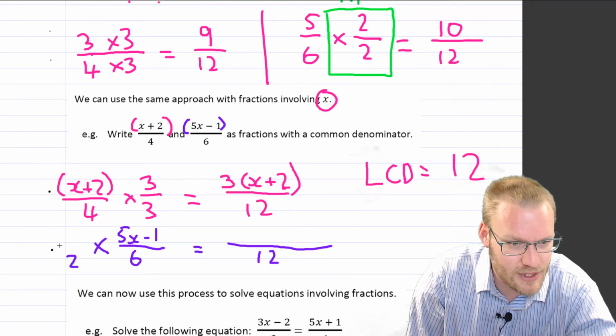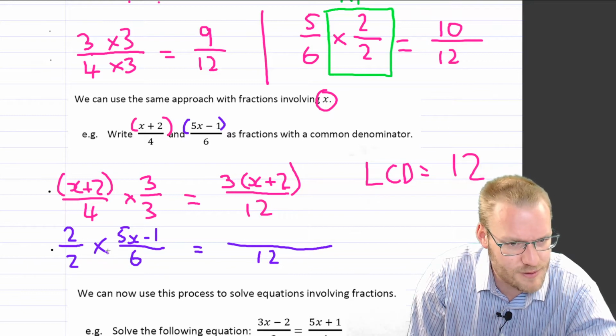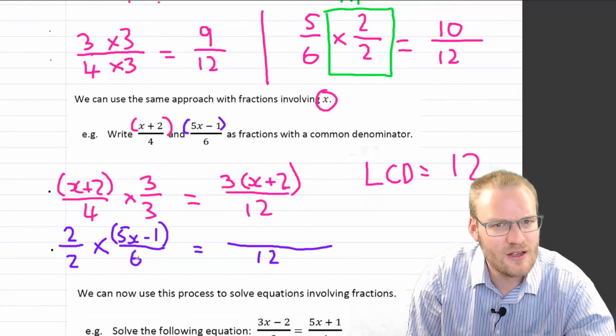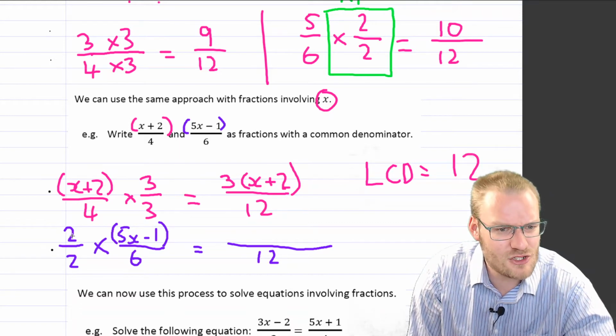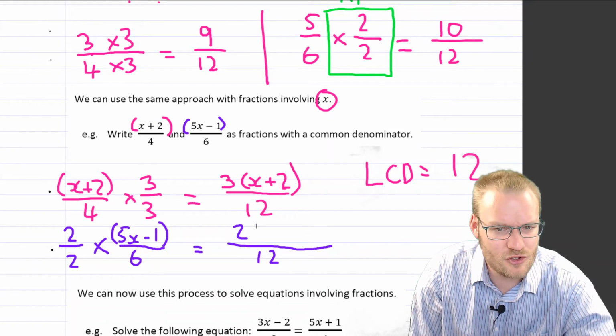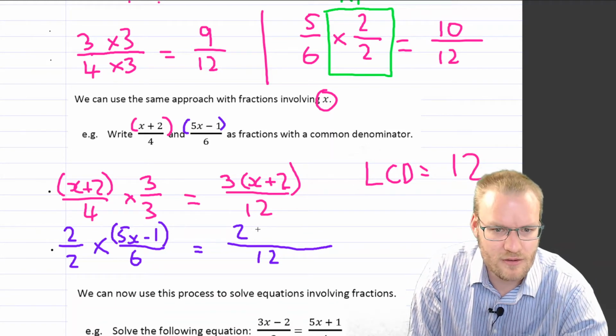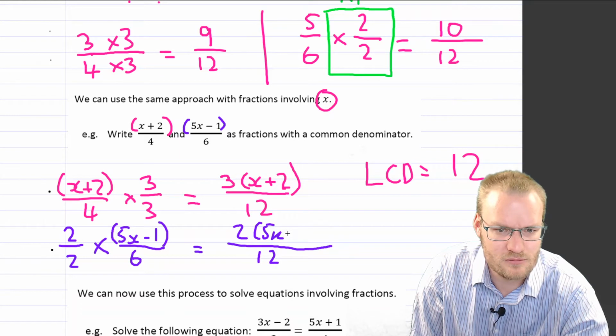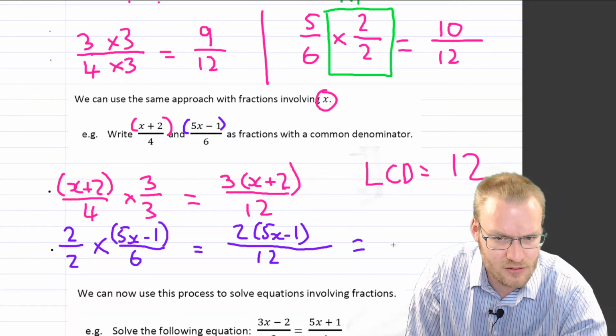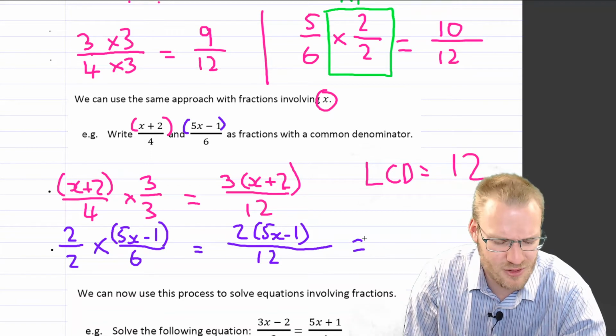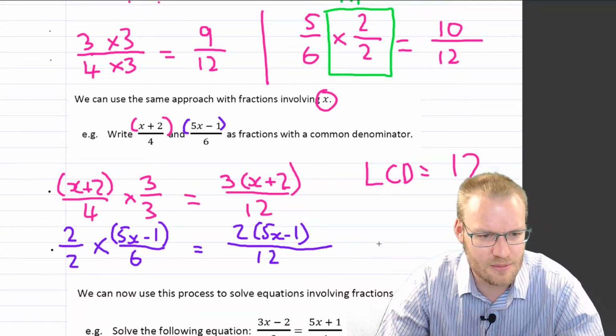We need to multiply it by 2. Therefore, we must multiply the top by 2. I said, let's put that in brackets. By putting this multiplication on the left, look how much easier it is to write: 2 times 5x minus 1, which we would then actually multiply out, but we're going to do that in the next step.